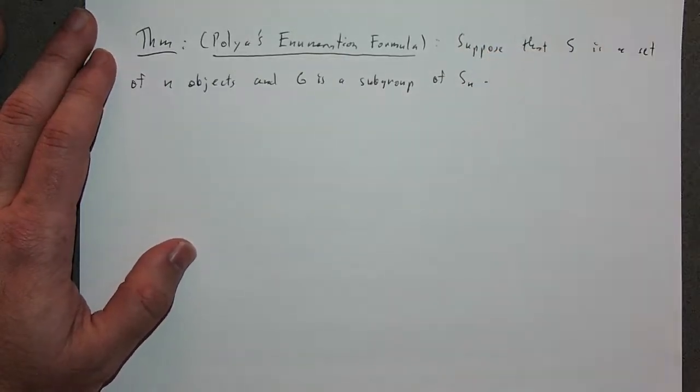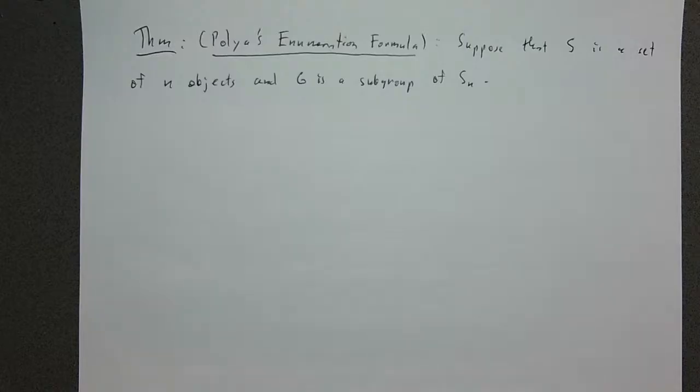As I said here, this isn't restricting yourself very much at all because any group you like essentially can be realized as a subgroup of the symmetric group for some n.